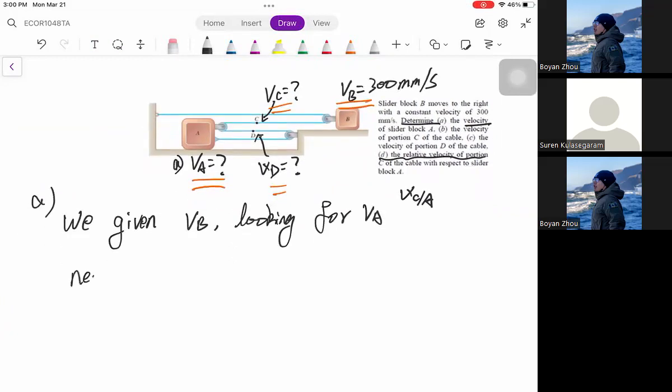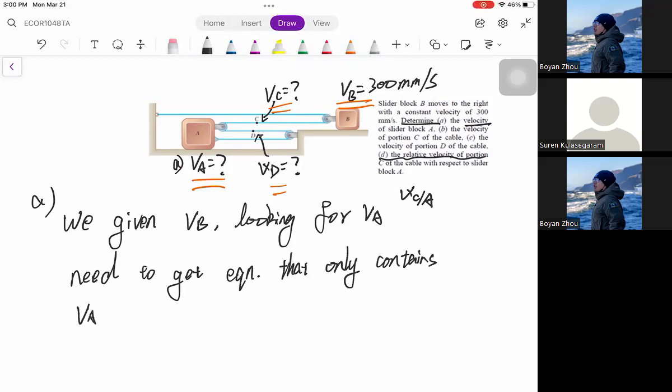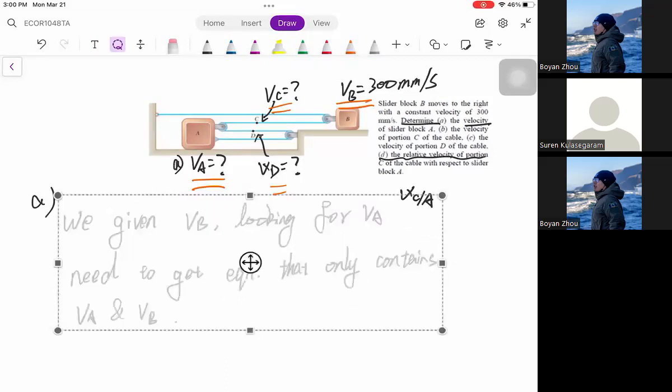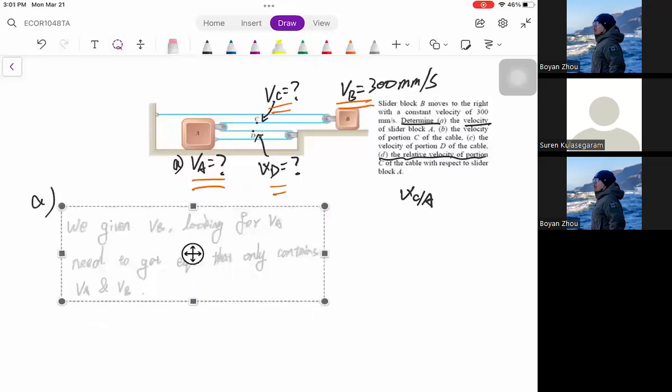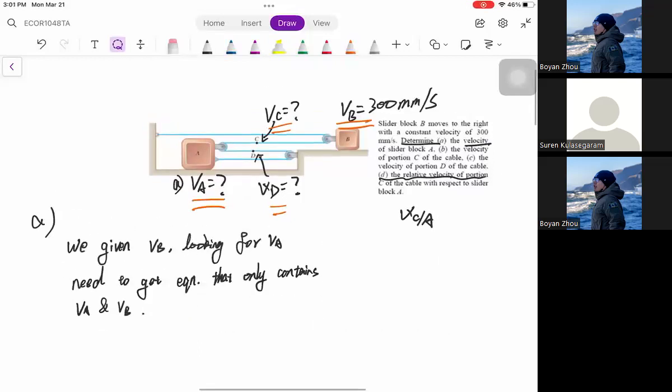So we need to get an equation that only contains VA and VB. We don't want any more. So that's actually the idea about how we're going to solve this one.